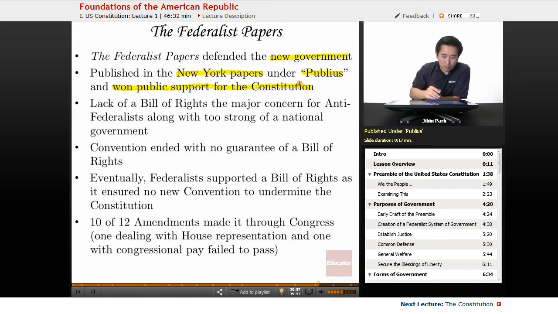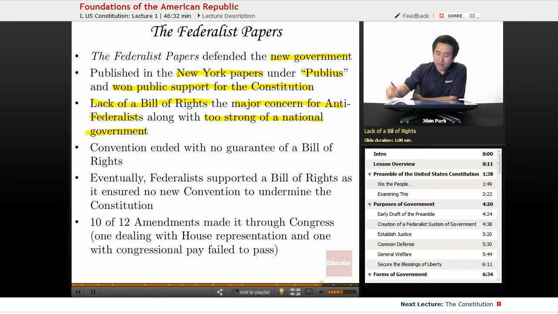The major problem was the lack of a Bill of Rights, and that was a major concern for the anti-federalists, along with too strong a national government. These were basically the huge concerns. The Constitution was signed maybe with the idea that there would be a Bill of Rights, but a lot of the founding fathers felt that the bills of rights that the states had were sufficient to protect individuals against too strong a central government.